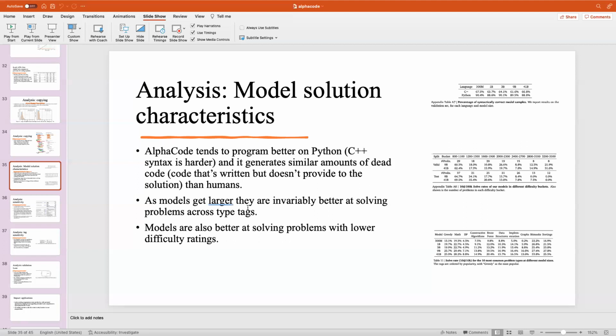And as models get larger, the models are better at solving problems across different types of tags, and obviously those models are better at solving problems with lower difficulty ratings, because the solutions will be simpler and easier for the model to get the correct solution.